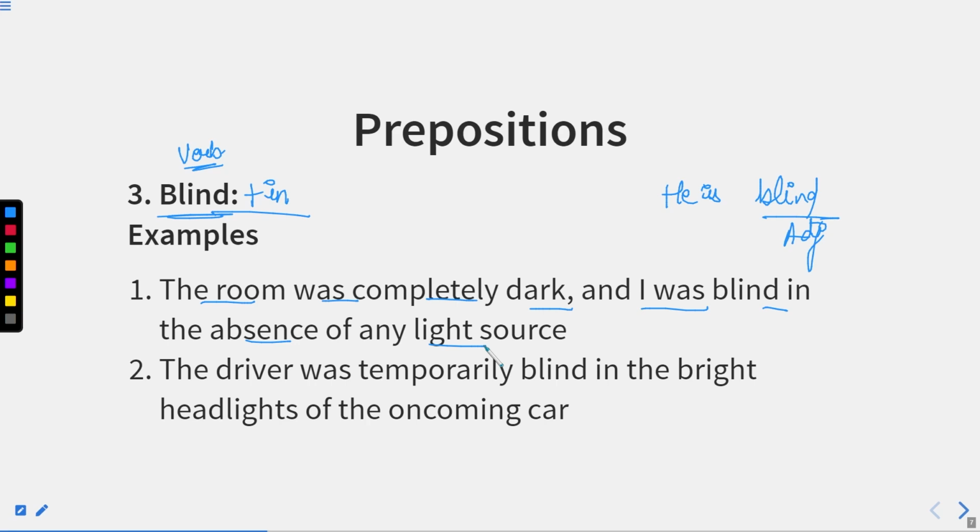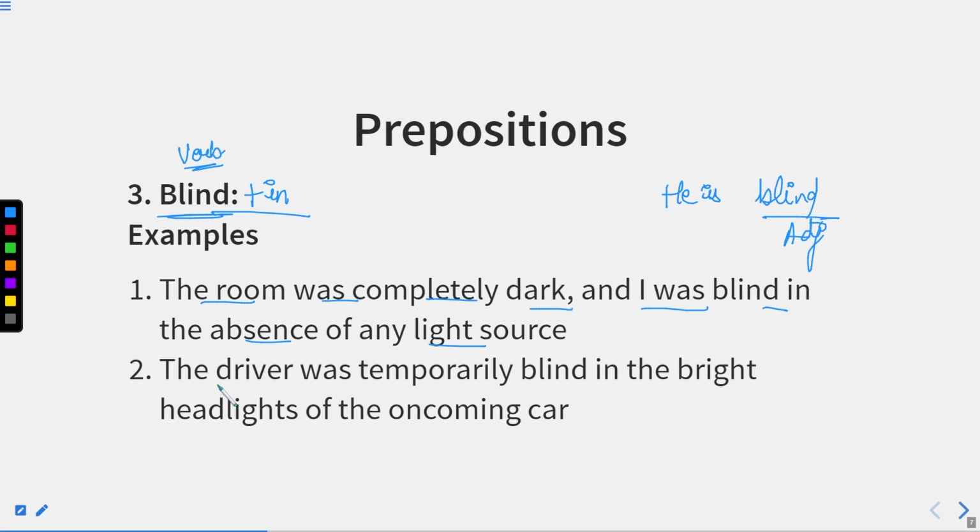It may be temporary, or it can be permanent also, but that depends totally on the sentence. It means if there were a light source, I would not have been blind, or I would see everything.